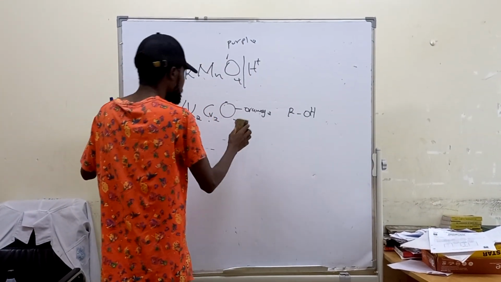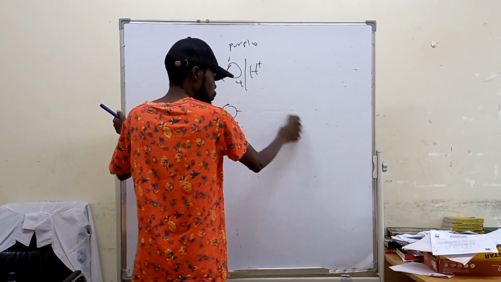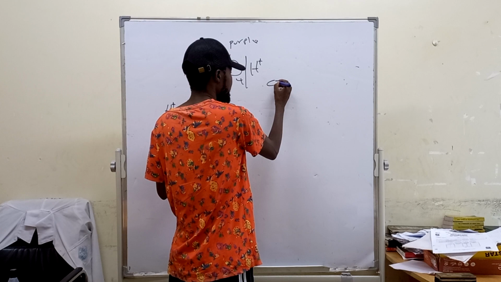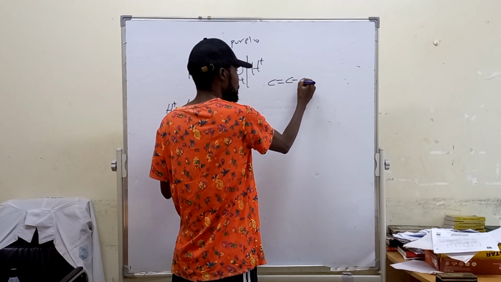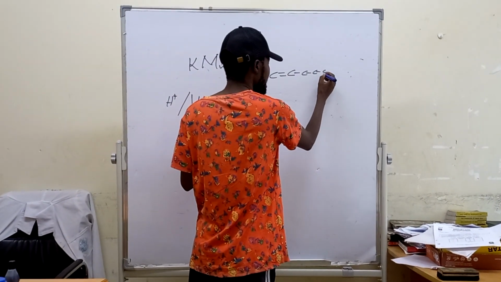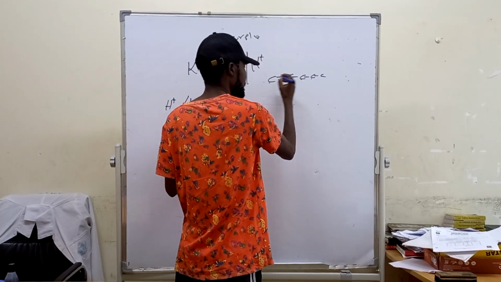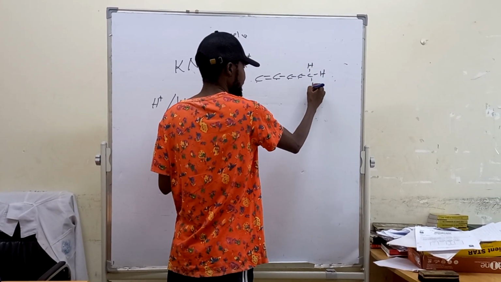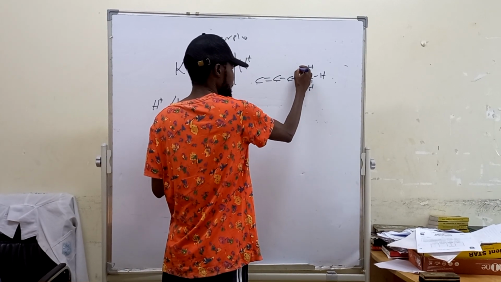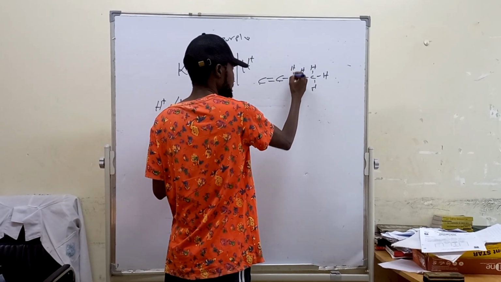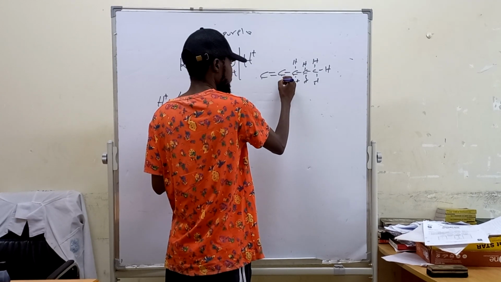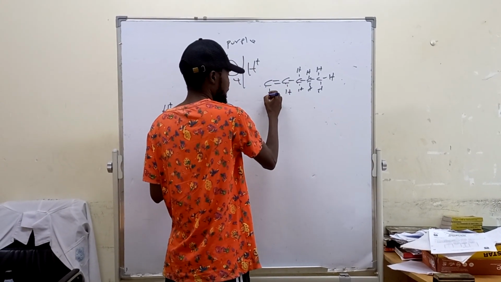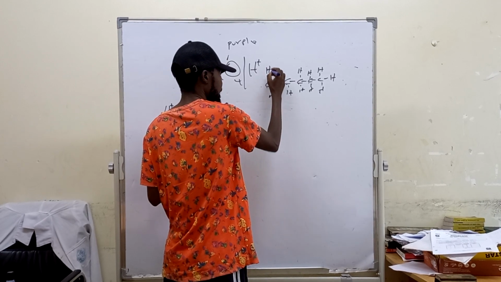Now, I want to use two examples of two compounds. Let me say this one is a compound with a carbon-carbon double bond. Let's take a liquid, 1, 2, 3, 4, 5. This is pentene. And now to take another one.